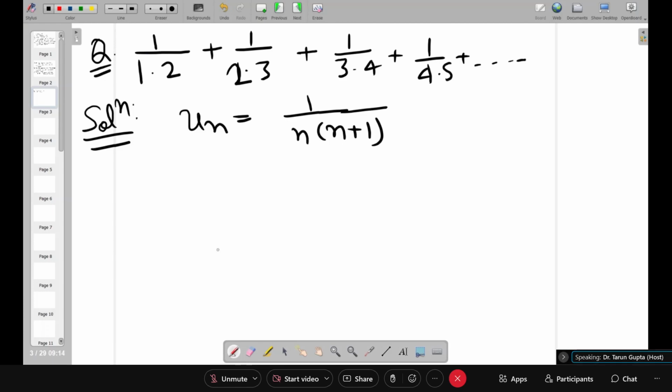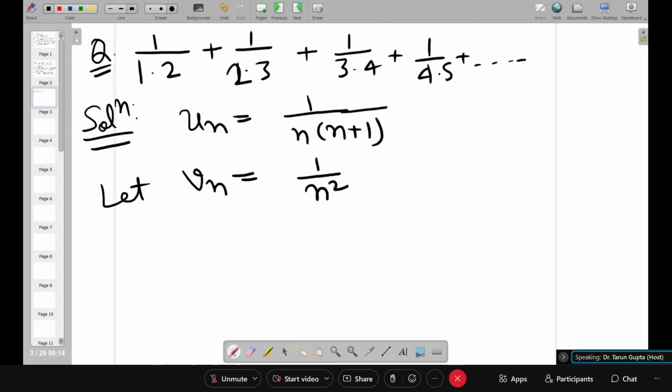Okay. So how to choose? Here you see in the denominator the highest power is n square. Okay, n square. So you can think vn is 1 upon n square.